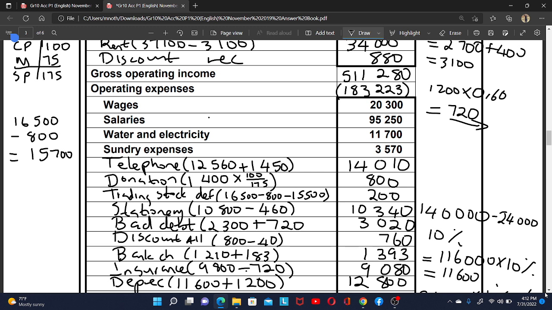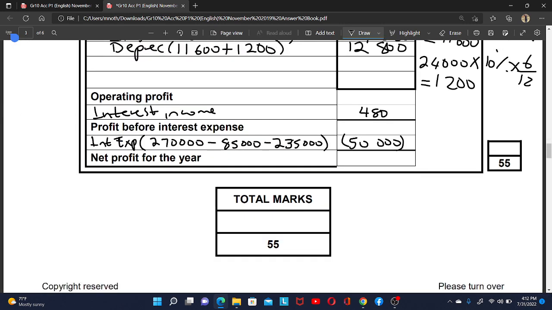So we say gross operating income minus operating expenses. Then we get operating profit is 328,057 plus 480.